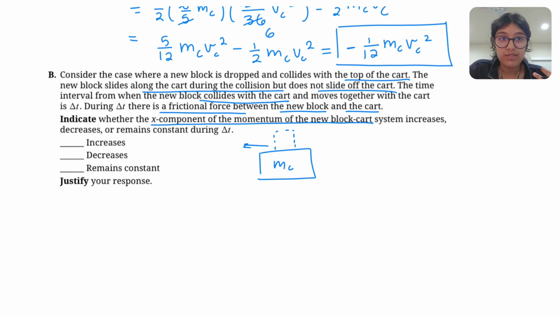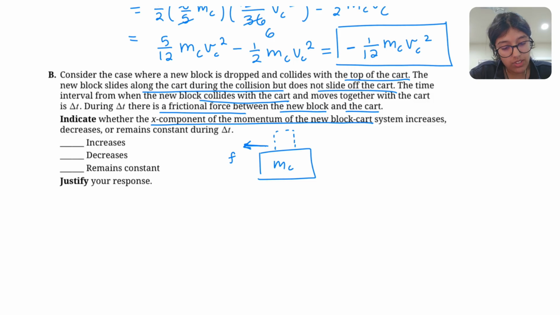Okay, so let's simplify this a little bit. We have a cart mc and then a block is dropped on it, and we know that there is some frictional force happening between that block and the cart. And they're asking, is the x component of momentum of the new block cart system the same, decreases, or increases?